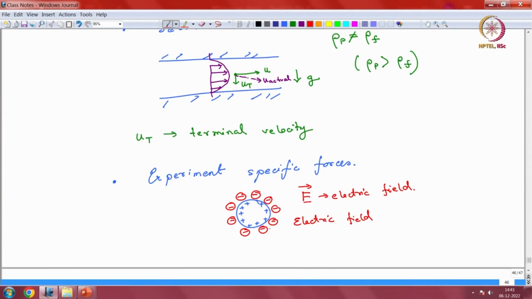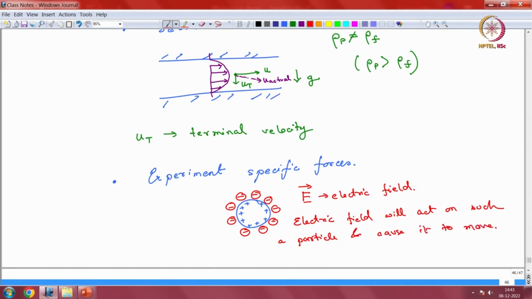The negative ions have assembled in enough numbers to wipe out the charge due to the positive, but there is a spatial distribution of charges here. So, there is some kind of a potential field, and the electric field will act on such a particle and cause it to move.